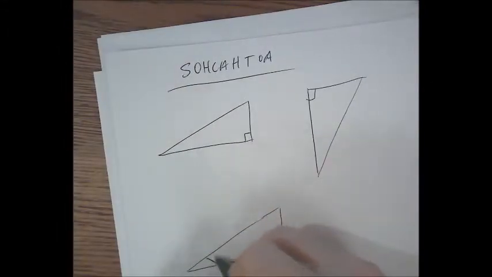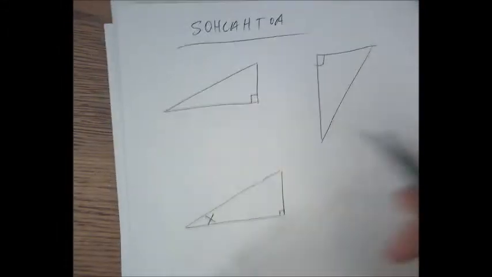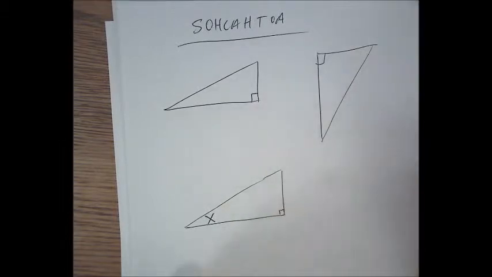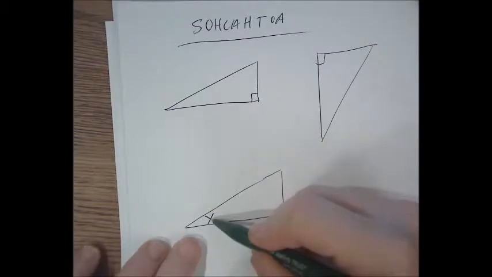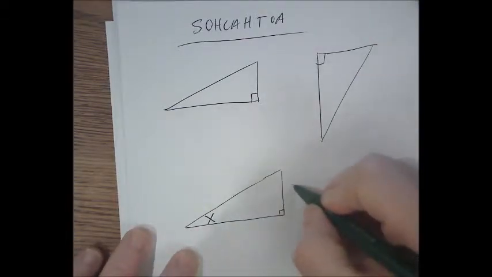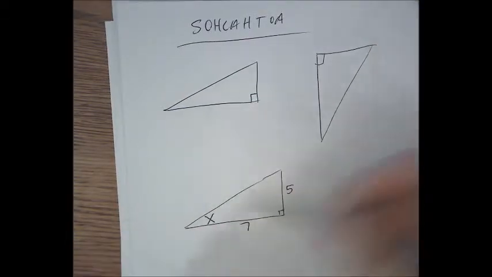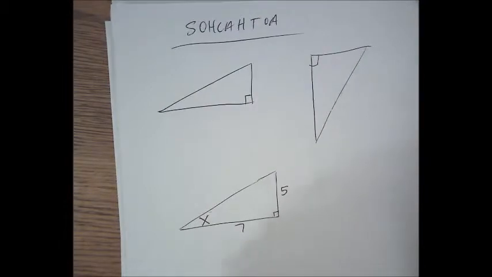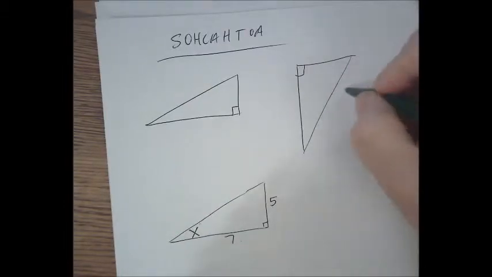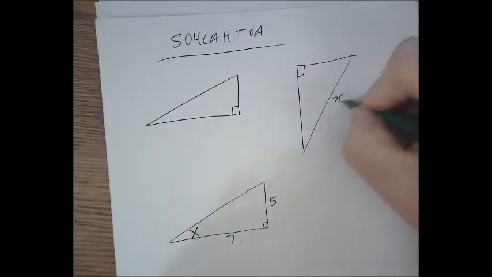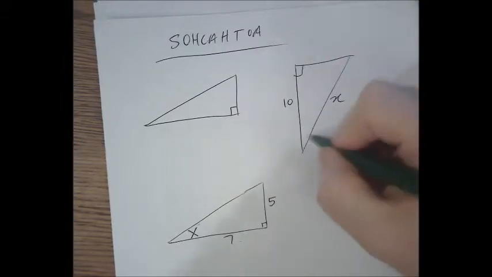So for example, I want to find this angle. That's information. It's not concrete information, but it's definitely information, like the angle is relevant. And let's say that's 5 and that's 7. So that's a mix of side and angle business. Or how about this? X, 10, 20.